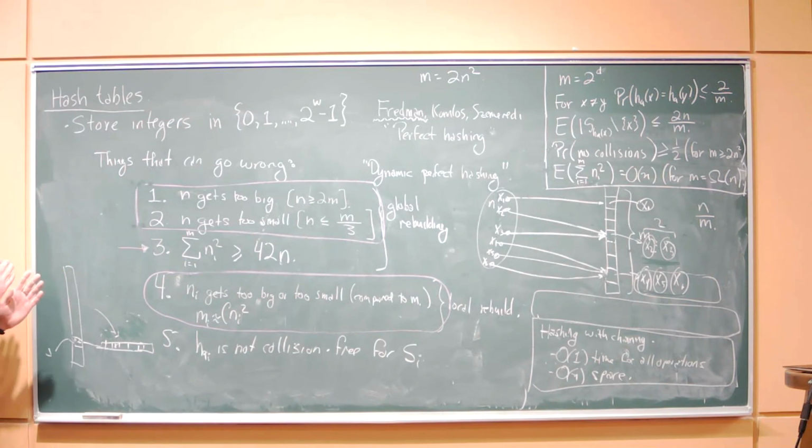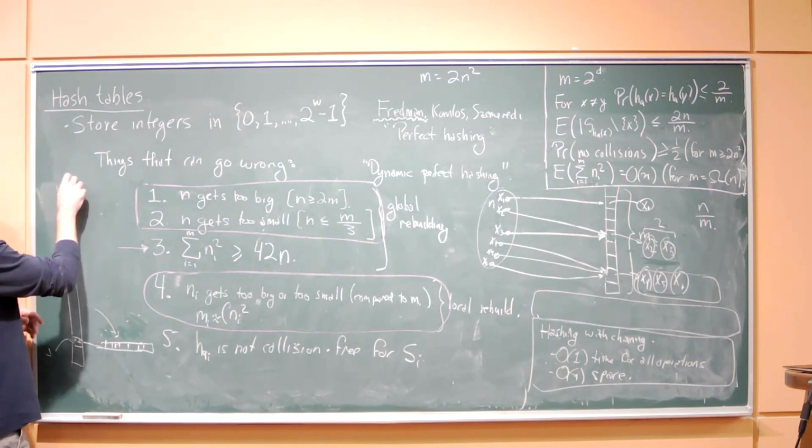Now, during that range, the elements that are actually stored there might be changing, right? I can delete one thing, add another thing, delete one thing, add another thing. But just look at, let's say, the first m operations in that range that are add and remove and so on.